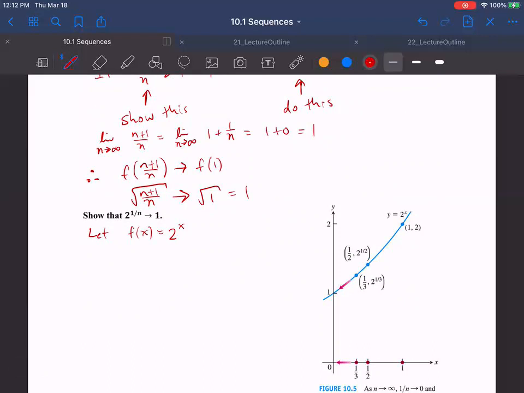So we need to look at the limit of what our x is there, which is the 1 over n. So the limit as n goes to infinity of 1 over n equals, and what is that? 0.